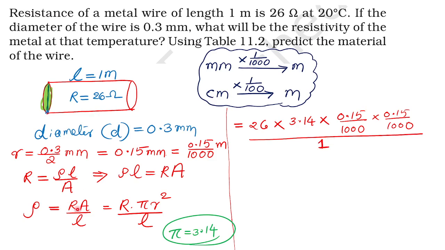So R is 26, pi is 3.14, r² is this, divided by 1. The remaining steps: you need to multiply 26 into 3.14 into 0.15 into 0.15. You have to multiply these numbers.